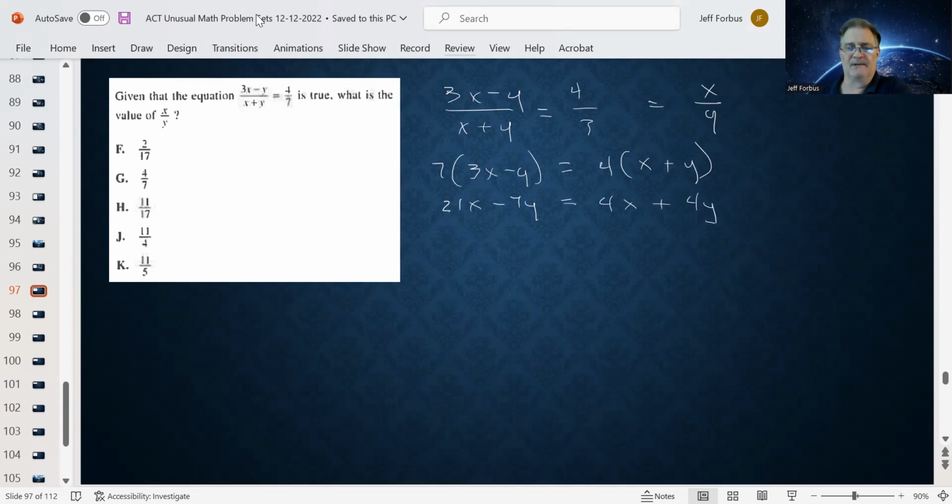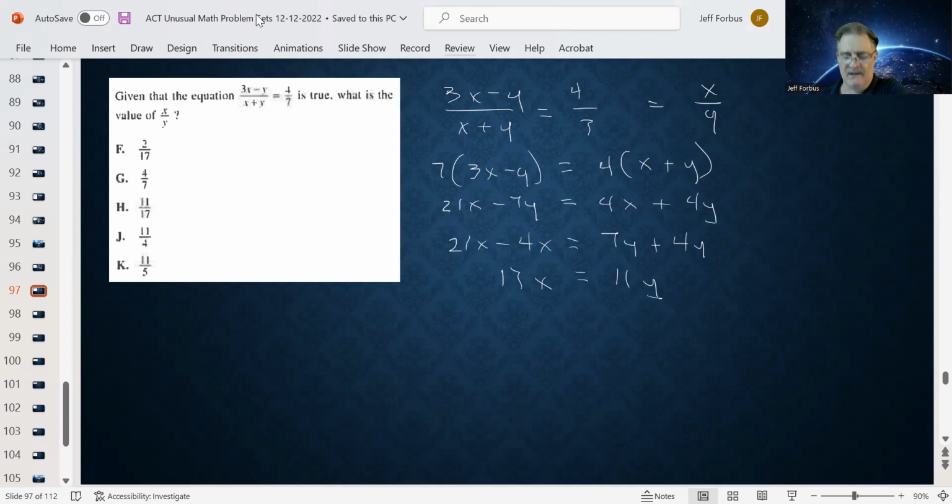The next thing we want to do is get all our x's and y's together. So 21x minus 4x is equal to 7y plus 4y. Well, 21 minus 4 is going to be 17x. 7 and 4 is 11y.